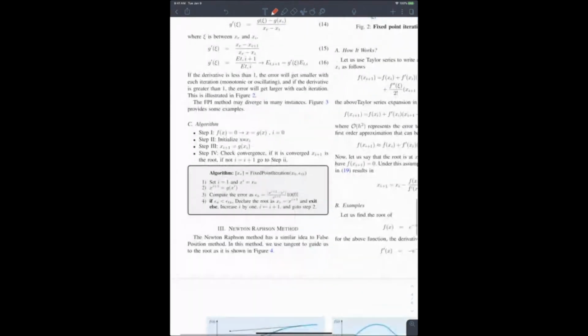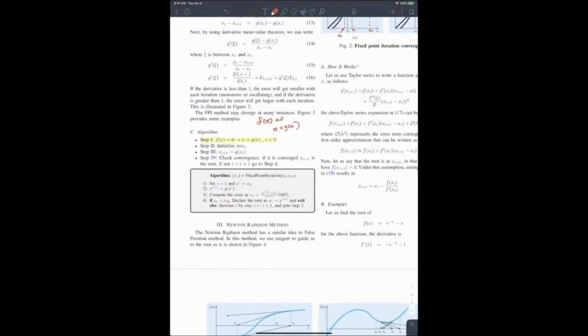When you write this, you have to think a little bit more, because you cannot just translate this to an algorithm. But anyway, our goal was to solve f(x) is equal to 0. The first step, which is not part of the algorithm, is that we had to write it in x is equal to g(x) form.